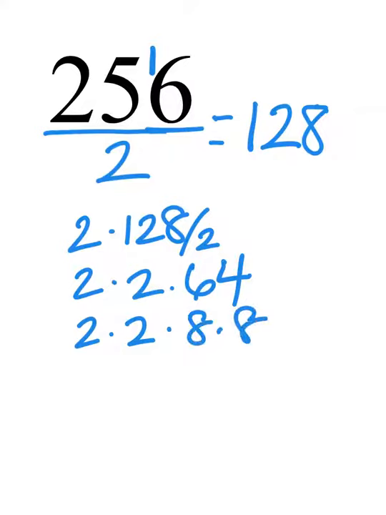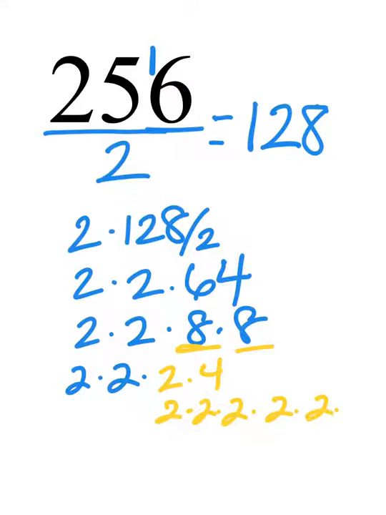Okay. So now I think, well, 8 I know I can cut in half. Each one of these 8s is 2 times 4. Well, 4 is 2 times 2. So now I've got 2 times 2 times 2 for each one of the 8s, times 2 times 2, plus my original 2 that I had in the front.